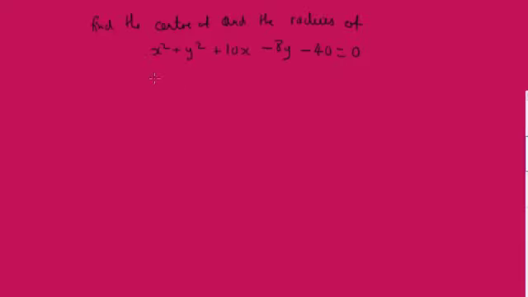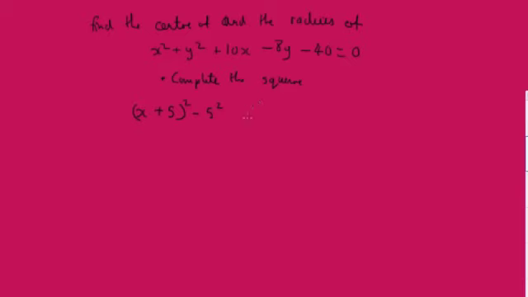So firstly, we're going to complete the square. We'll do that by looking at the x terms and the y terms. So for the x terms, it's going to be x plus 5 squared minus 5 squared.